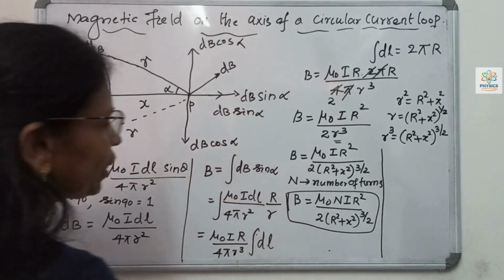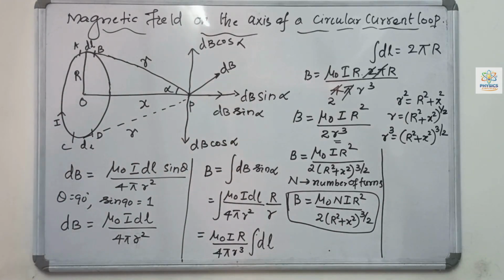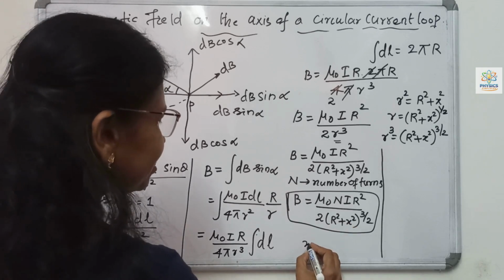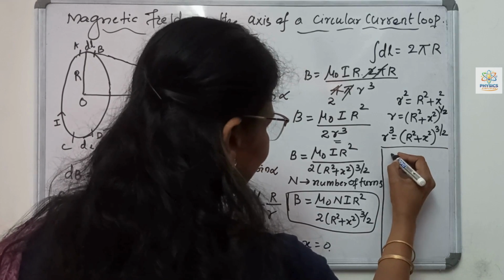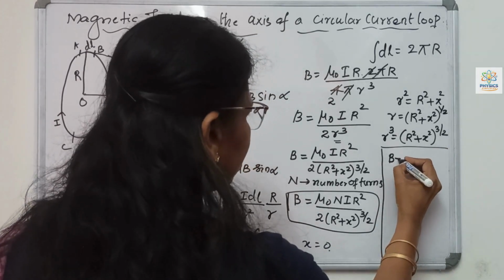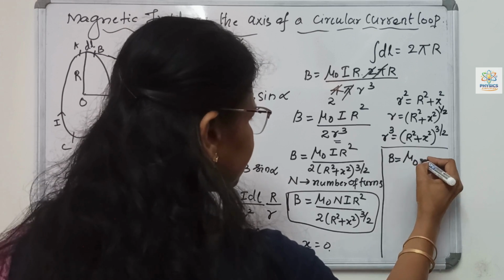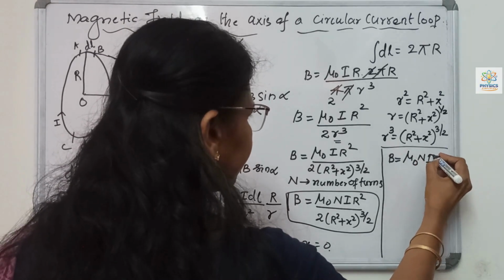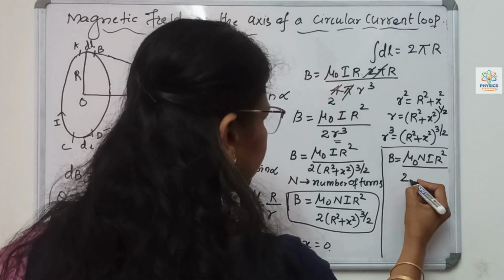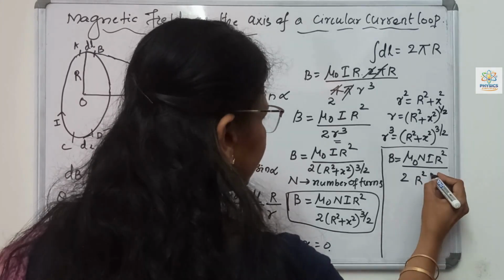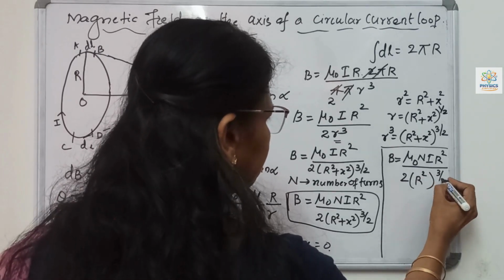Suppose if you want to calculate the magnetic field at the center of the loop, then we can take the value x is equal to 0. Therefore, the magnetic field can be written as B is equal to mu 0 n I R square the whole divided by 2 into R square the whole raised to 3 by 2.